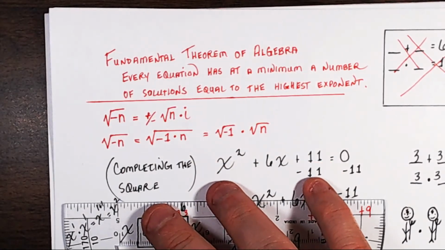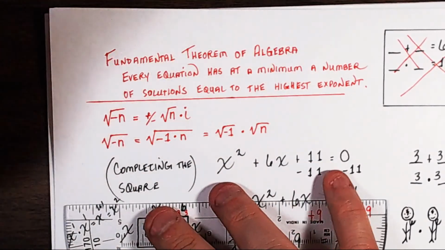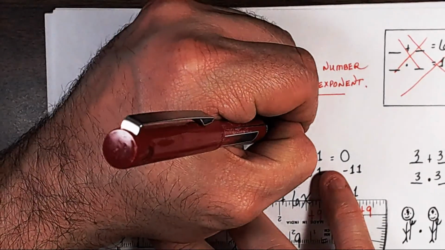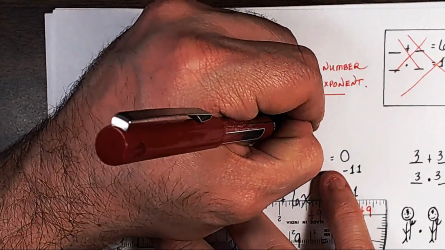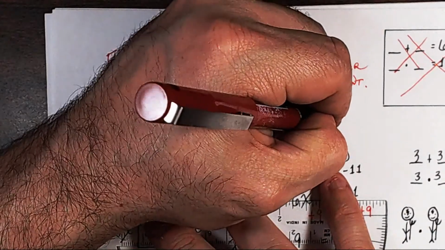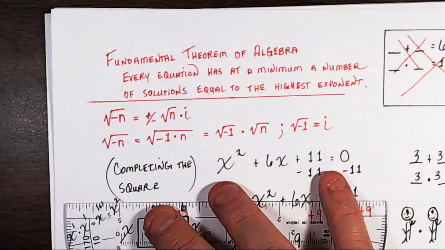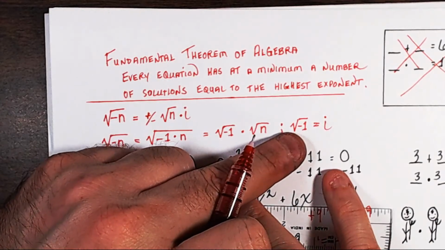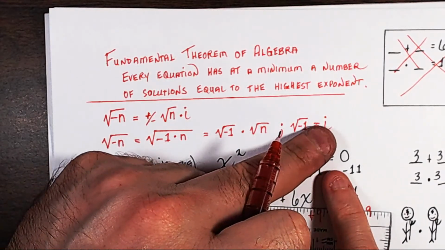And this is a key point. This is one of those things you just have to know. The square root of negative 1 has been determined by mathematicians to equal the imaginary number i. So whenever you find yourself with the square root of negative 1, you replace it with an i.